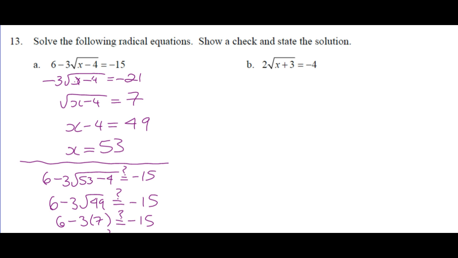So we'll do it anyways, but just look at it and say, okay, yeah, you want me to show all of that. So root x plus 3 is equal to negative 2.